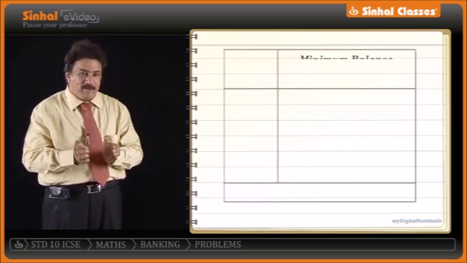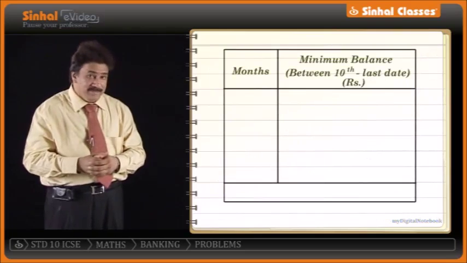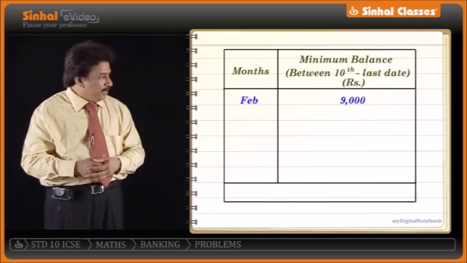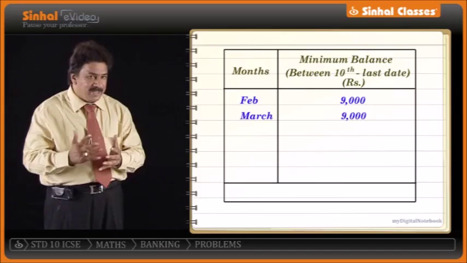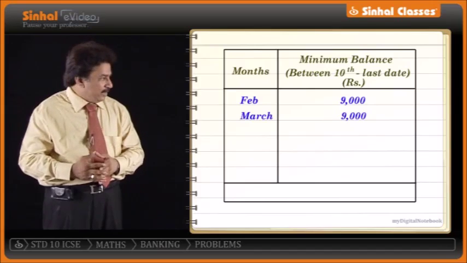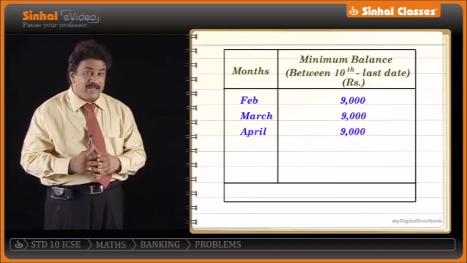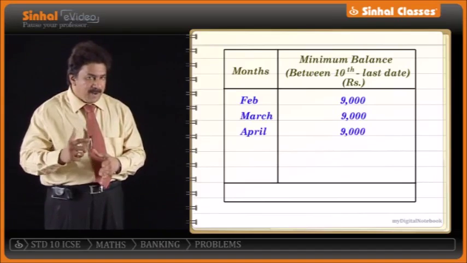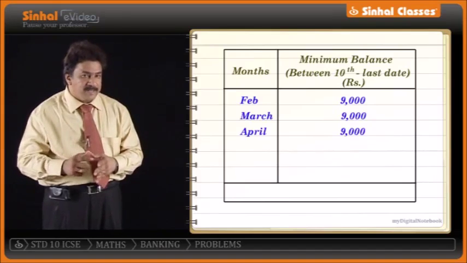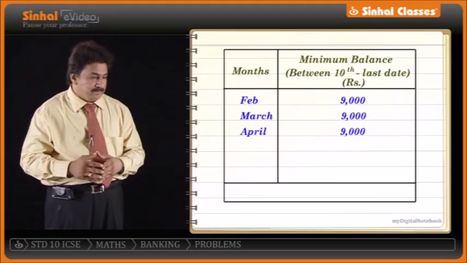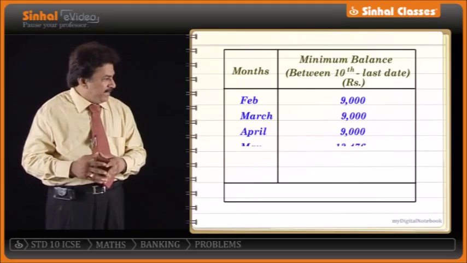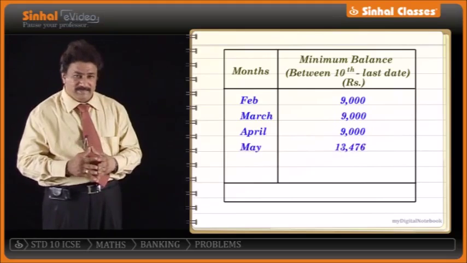So the minimum balance for the month of February will be 9,000. You can see that. For the month of March, once again it is 9,000. And for the month of April, also it is rupees 9,000. So February, March and April, the minimum balance is rupees 9,000 each month. For the month of May, it is 13,476.